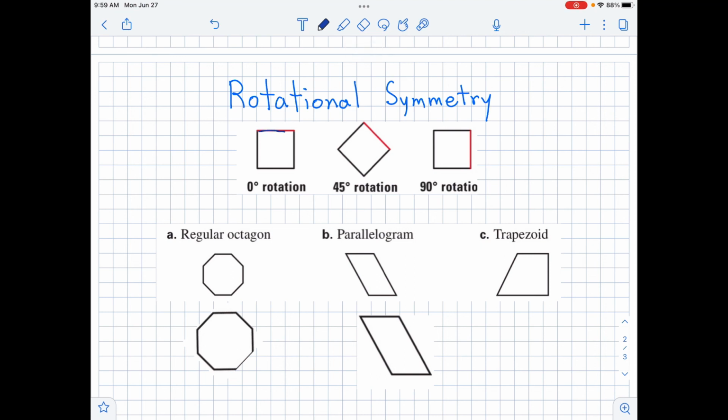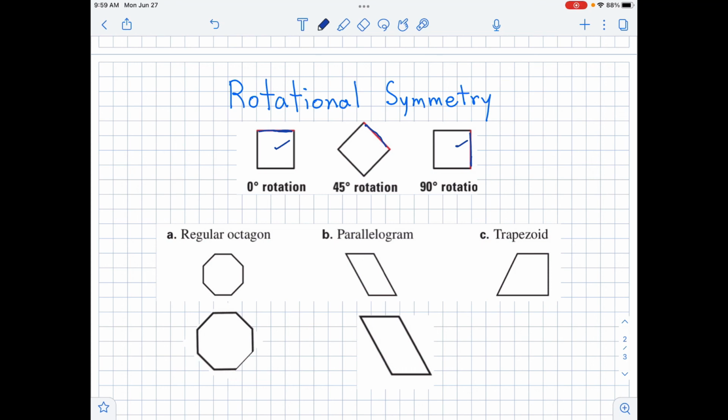Notice this red line here is now over here. You've rotated 45 degrees. If you rotated another 45 degrees, you have exactly the same shape. You can't tell the difference. So this is called rotational symmetry.